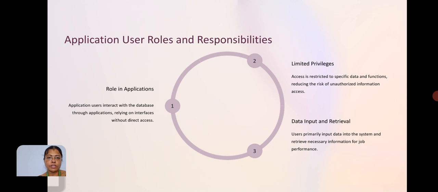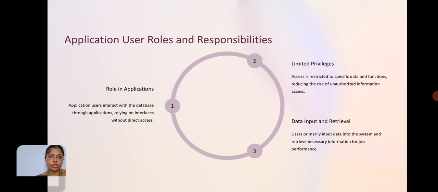Application user roles and responsibilities. Whichever applications we take, behind that there are databases. If the user wants to interact with the application, they need to interact with the databases that rely on the interfaces without direct access, and it has limited privileges that are restricted to specific data and functions.